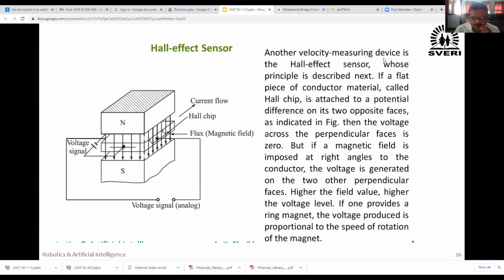Another velocity measuring device is the Hall effect sensor, whose principle is described next.